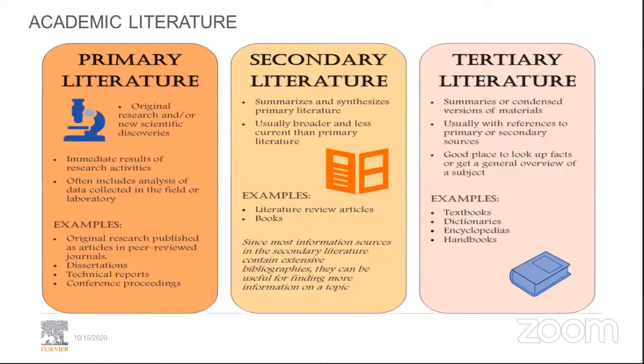So it relies on the primary and secondary literature as references, like the textbooks, the dictionaries, the encyclopedias. In anything of that, you will find research papers or books as references. They try to collect all the data that were published about a topic and summarize it in one reference, like a textbook or something.